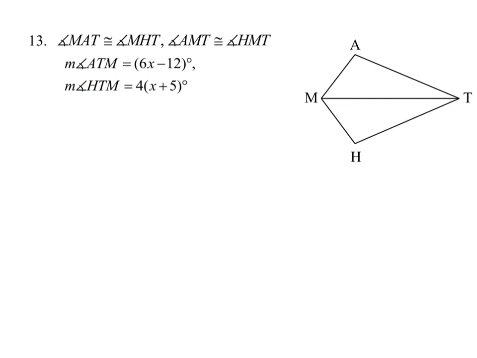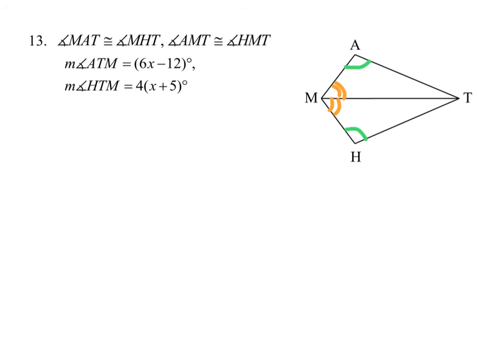Last one from your worksheet that I'm going to do is number 13. I just like this because it's kind of hitting on the third angles theorem. This gives me that MAT, this angle right here, is congruent to MHT right here. And then it gives me that AMT, which is this angle, this orange one, is congruent to HMT. And that's it. Okay?